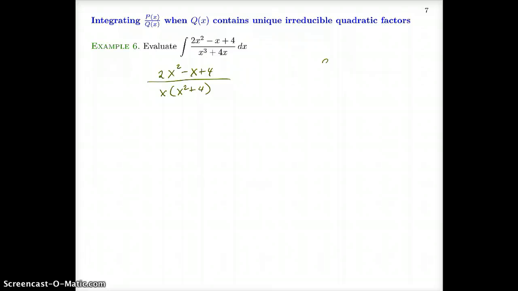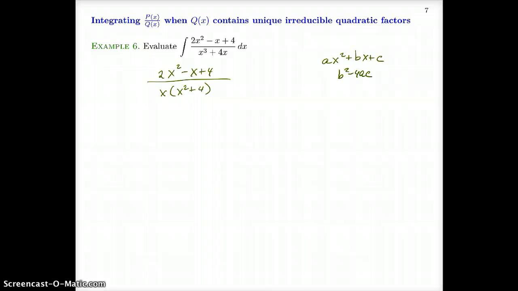The way you can tell whether a quadratic factors or not, if you have a quadratic of the form ax squared plus bx plus c, if you remember the quadratic formula, the thing under the square root, called the discriminant, b squared minus 4ac, if that's positive, so that in the quadratic formula you'd get an answer, then it does factor.